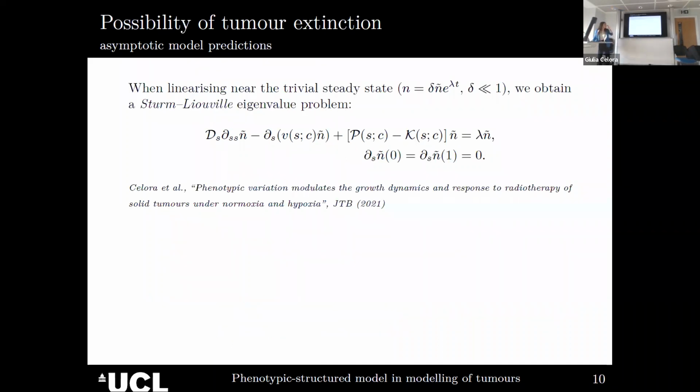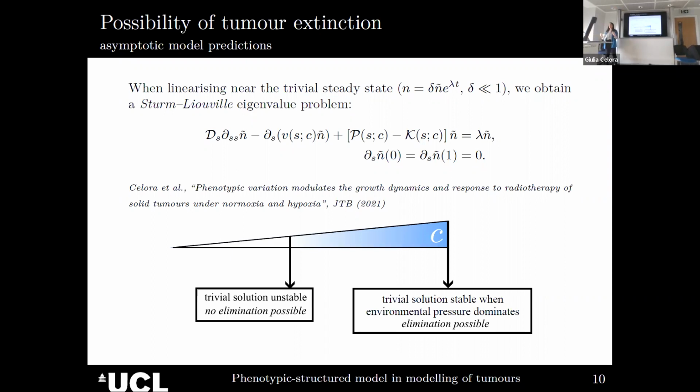So starting from the trivial steady state, I won't go into the detail. You can do your standard linear stability analysis. And what is nice is that since you're linearizing around your trivial steady state, all of the complexity of the non-locality goes away at leading order. And so you get a Sturm-Liouville problem, for which we know a lot. I won't go into the detail of that, but what does it tell us about the biology? What we find for biologically sensible parameter values is that in low oxygen level, the trivial solution is always unstable.